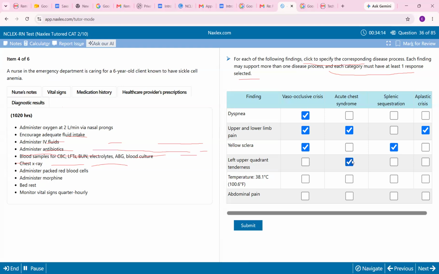This is the side of the spleen, so the spleen comes into it, yeah, splenic sequestration. Temperature 38.1 degrees, slightly higher actually. Aplastic.